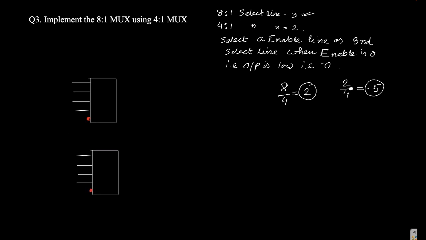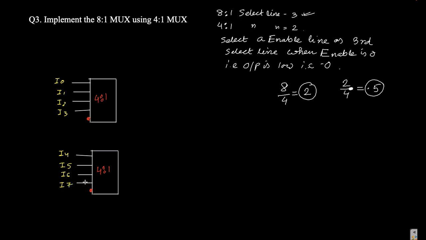Now this is nothing but the 4:1 MUX. This is also a 4:1 MUX. What are the inputs? This is I0, I1, I2 and I3. This is I4, this is I5, this is I6 and this is I7.